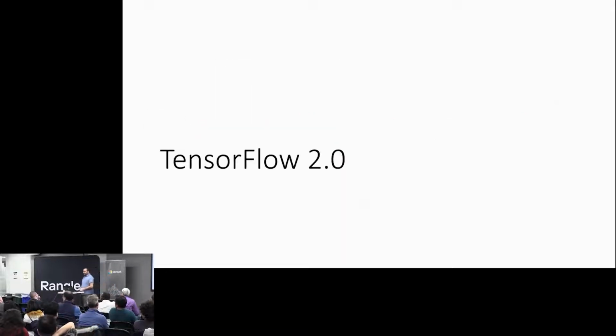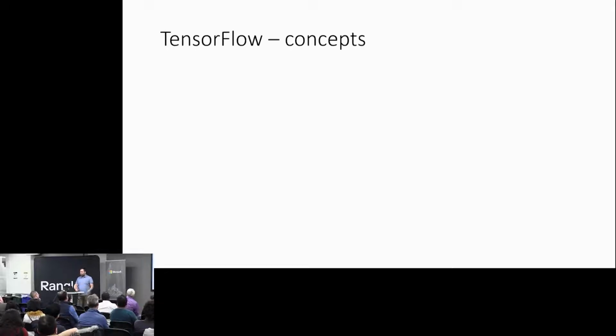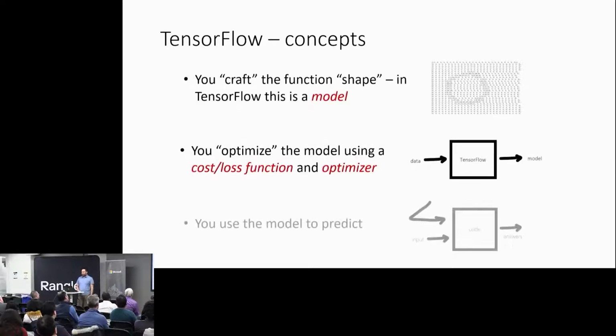Yeah. How do you do this in TensorFlow? Most of you maybe use TensorFlow. I like to think of TensorFlow as like 3 different things. You craft a function shape. In scikit-learn, you basically pick one. You don't make one. You pick a function shape or a model. You optimize the function or the model using a cost or loss function and an optimizer. In my case, that thing that I showed you was mean squared error.